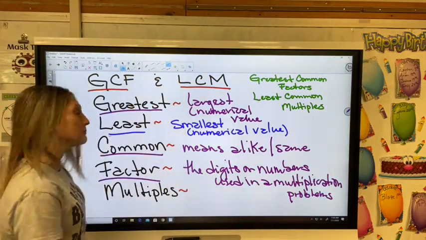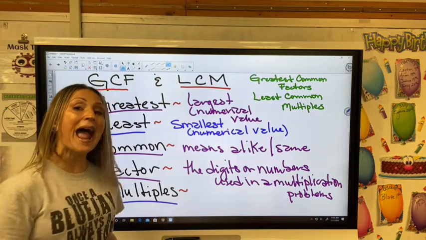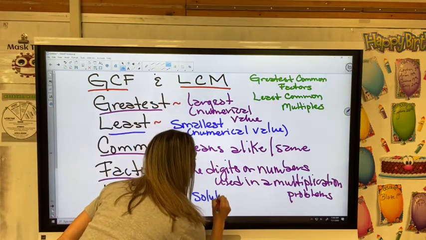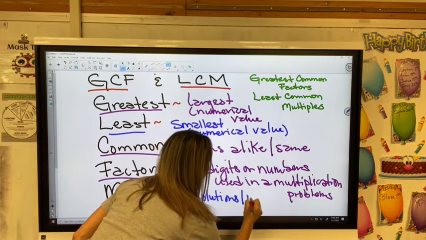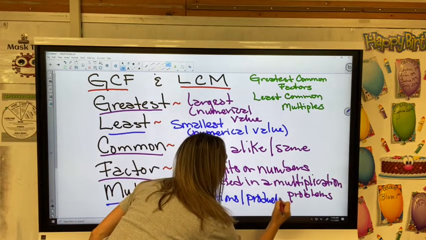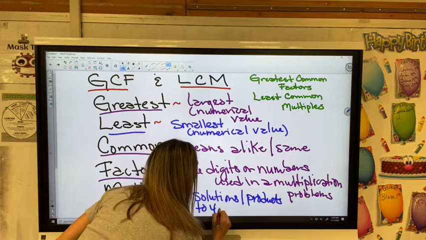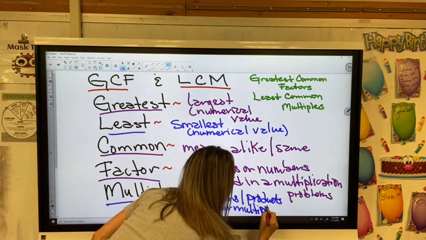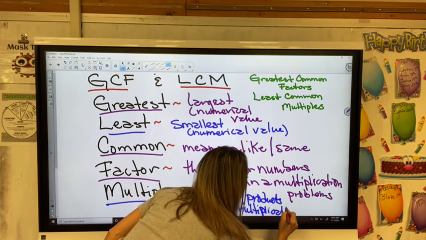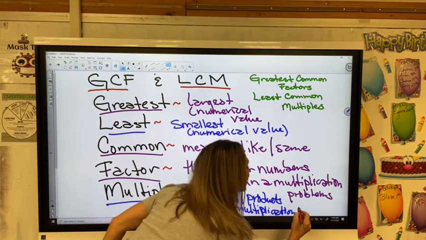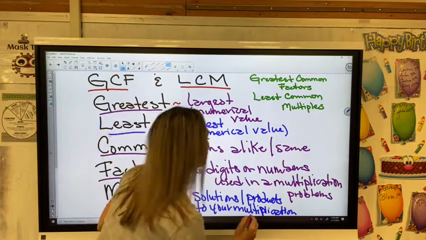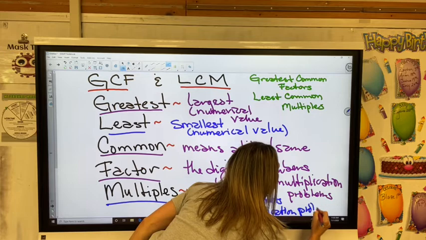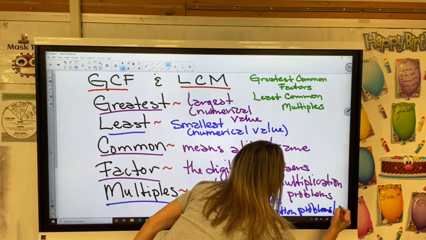And in this case, multiple, sixth graders, are actually your solutions, and I'm going to tell you they're known as your products, to your multiplication problems, or what you might want to call your facts.